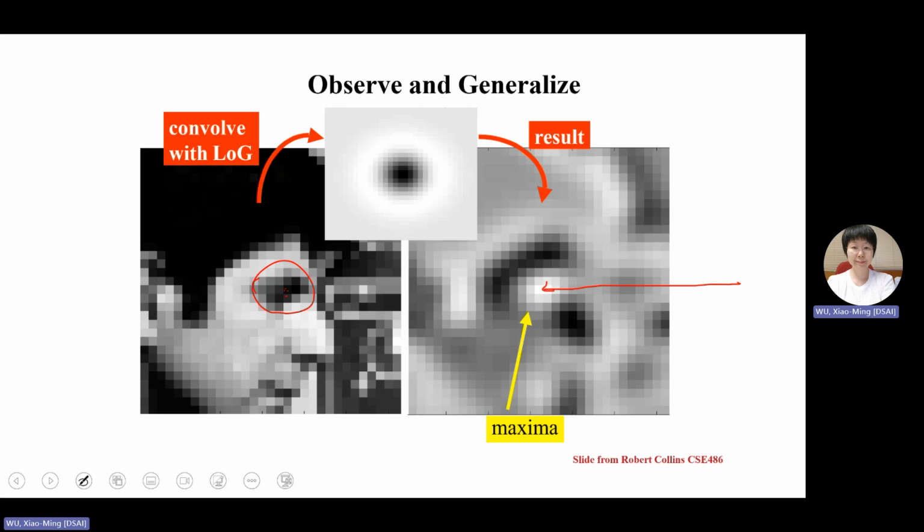You can observe that the size of the eye may match the size of the LOG when sigma is 2. When the filter size matches the blob size, it will give the highest response.